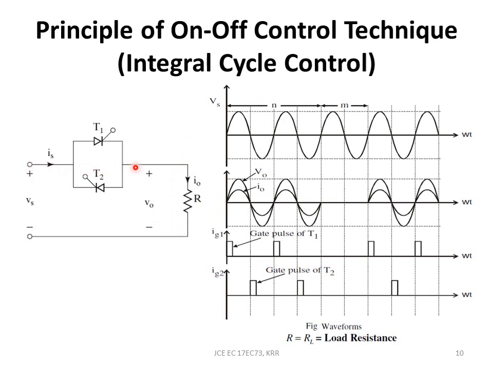To control the flow of current, I need a thyristor which carries current in the forward direction towards the load. And since it is AC, I also need the negative current to flow, in which case I use an anti-parallel thyristor T2. So we have T1 and T2, anti-parallel connected to the same source.